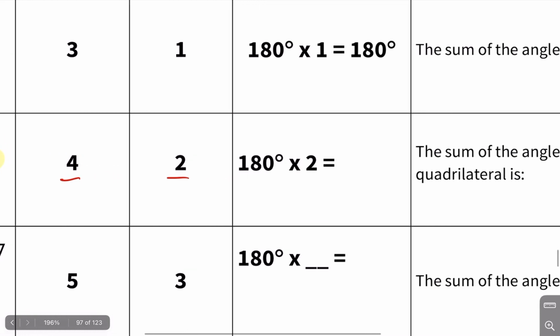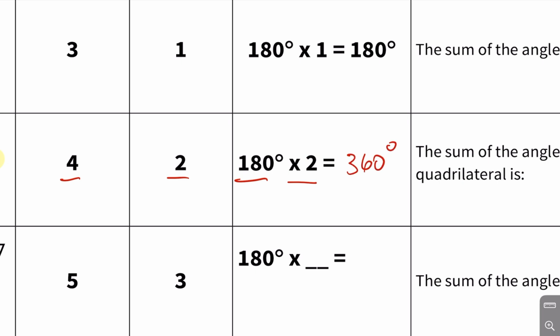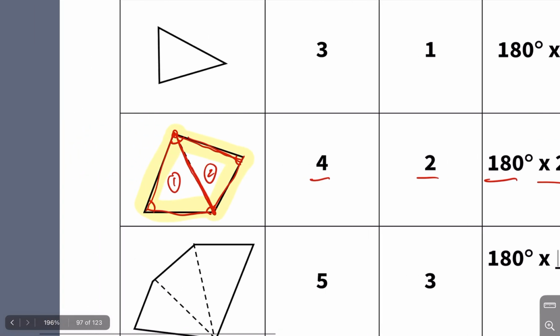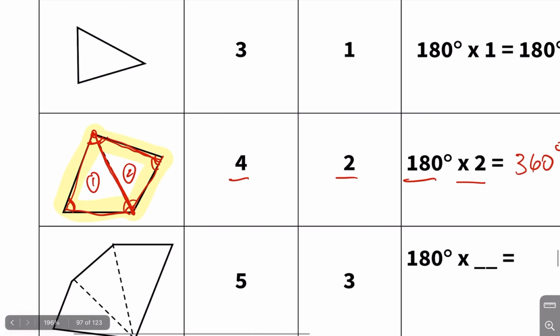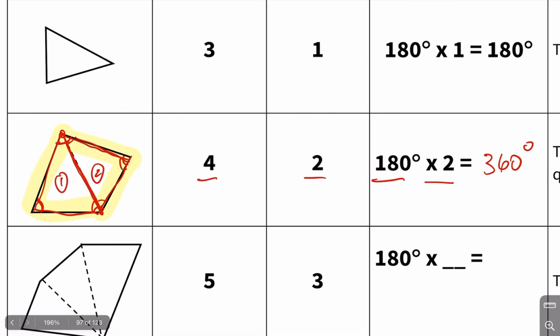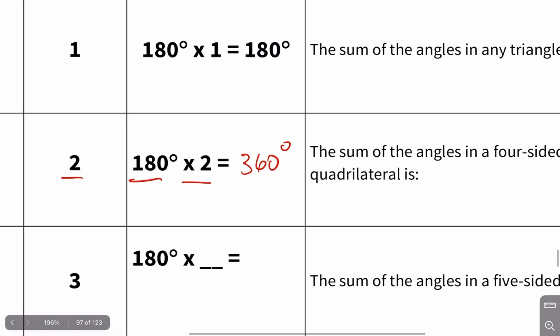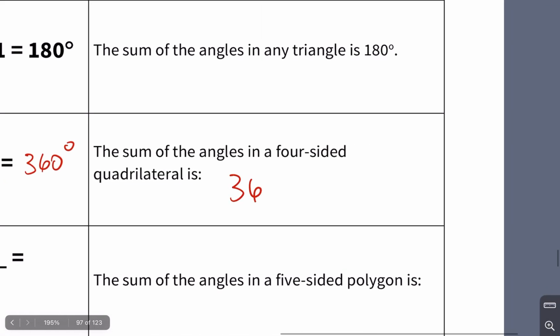And if we know that each triangle has the sum of all the angles adding up to 180 degrees, then 2 triangles means that if I multiply 180 by 2, I get 360 degrees. So the sum of all of the angles inside this quadrilateral, this shape with 4 sides, is the same as the sum of all the angles inside 2 triangles, which is 360 degrees.